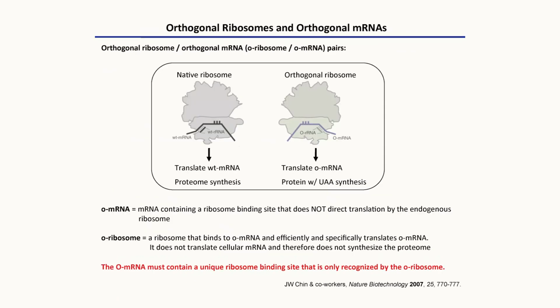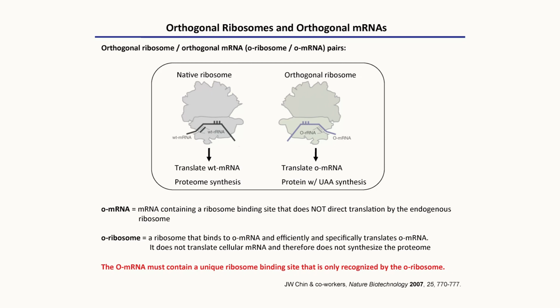Thinking about this in cartoon form, imagine we have E. coli or some organism, and the native ribosome translates all of the native wild type mRNAs and gives synthesis of the proteome. But then imagine we can put an orthogonal ribosome into this organism. This orthogonal ribosome only recognizes an orthogonal mRNA, which means it only translates off of this orthogonal mRNA and only gives you synthesis of the protein you want with the unnatural amino acid.